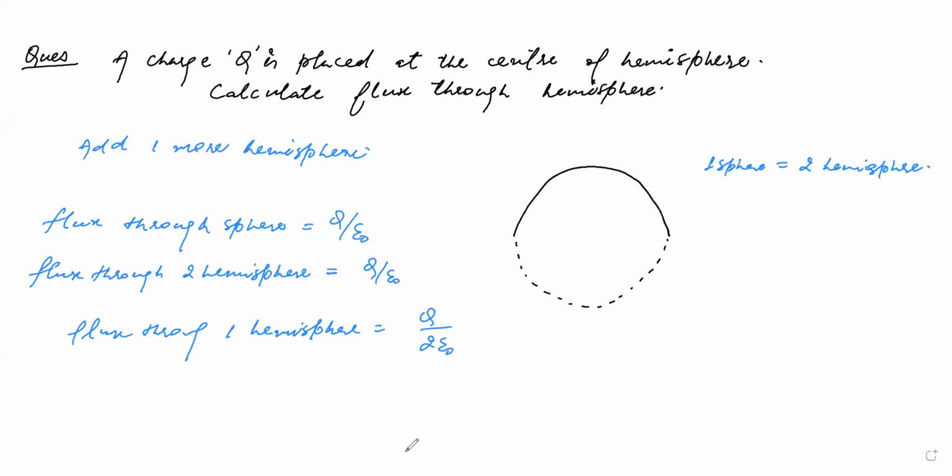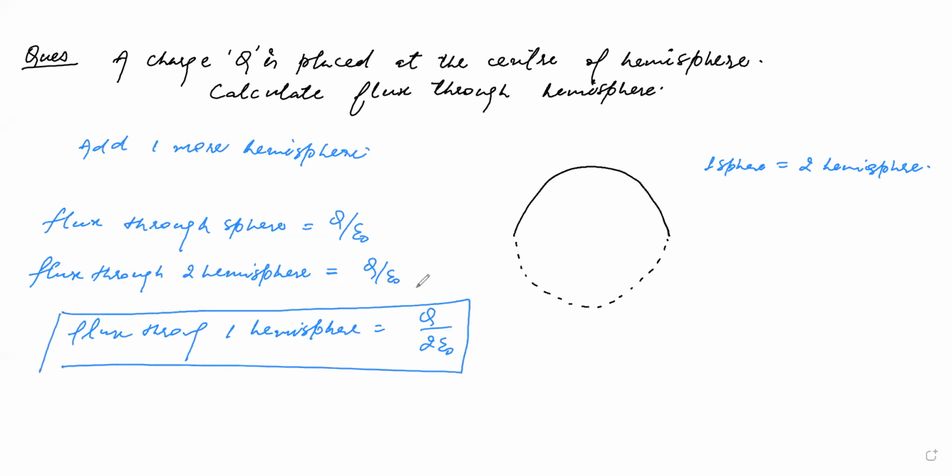Yes, sir. So the flux of 1 hemisphere will be Q over 2 epsilon naught, right? This is your final answer. Are you clear? Note it down, please.